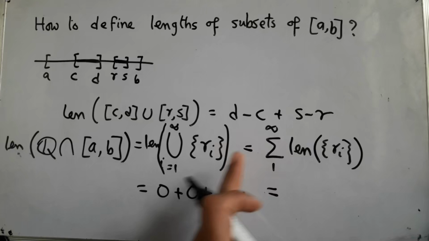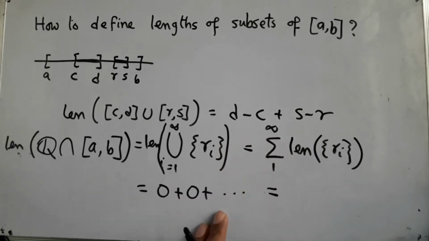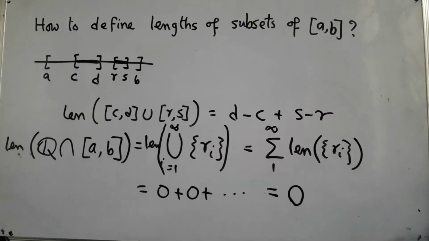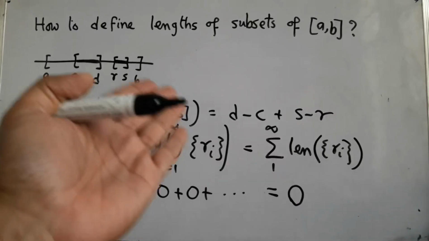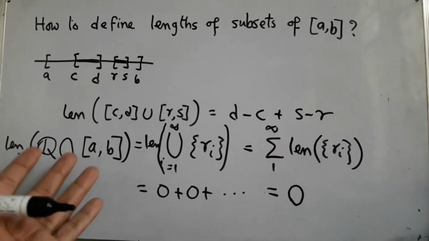So all the partial sums, 0 plus 0 plus 0 up to some nth step, are always 0. So the sequence of partial sums are all zeros, so the limit is 0. So this is just 0. So you have actually obtained from our common sense notion the fact that the length of all the rationals should be 0.